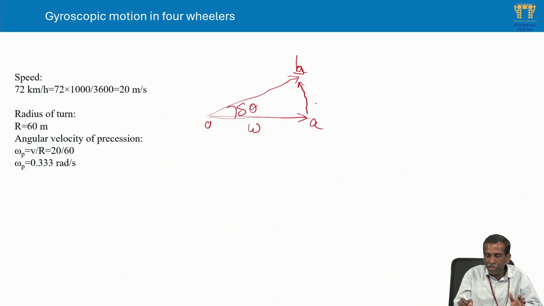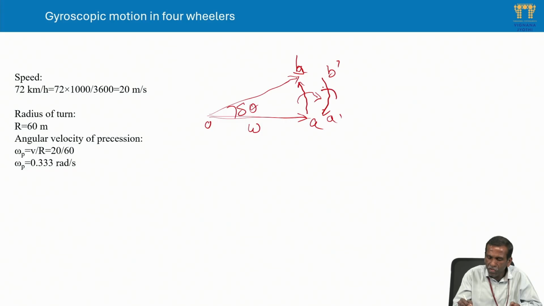So the gyroscopic couple is, if you rotate the A B vector clockwise about the y axis, the vector goes from A to B. So this is the gyroscopic couple. What happens is that the front wheels lift off and the rear wheels press down on the ground. The gyroscopic reaction is opposite, B dash to A dash, let us say.